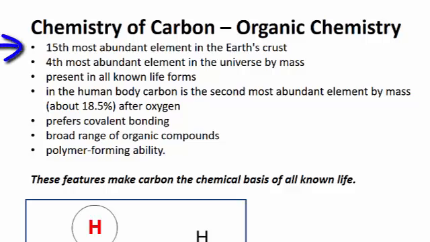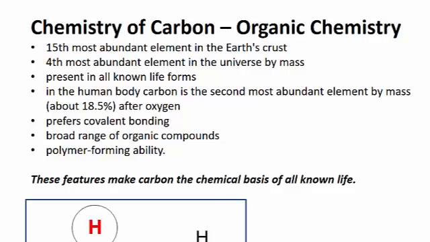But when you look at living systems, life forms, such as the human body, it is the second most abundant element in living systems, 18.5% of our bodies by mass. So when we think of the chemistry of carbon in organic chemistry, we also think of the chemistry of living systems, and the field of biochemistry, which we'll have a chapter on, is very closely related to organic chemistry.